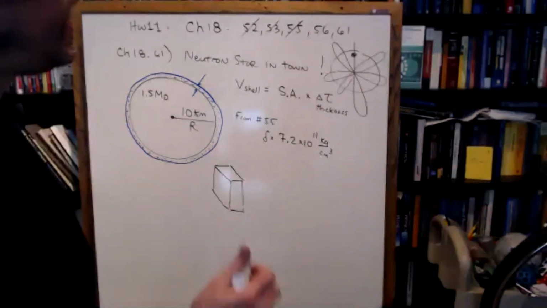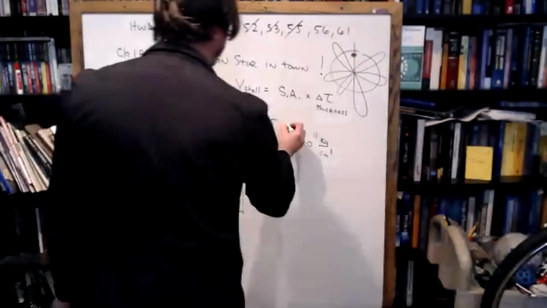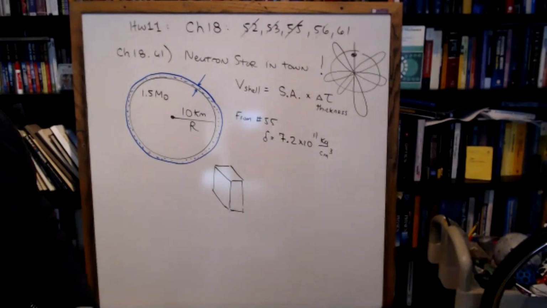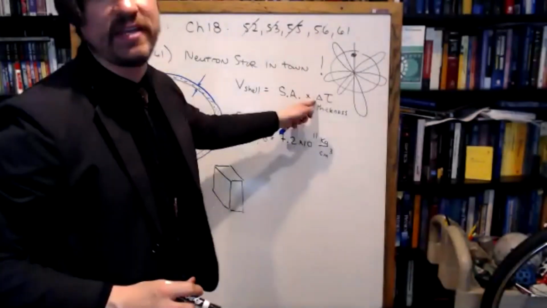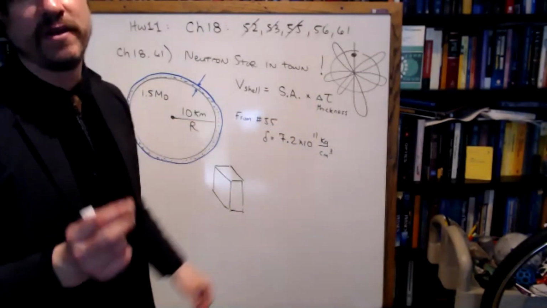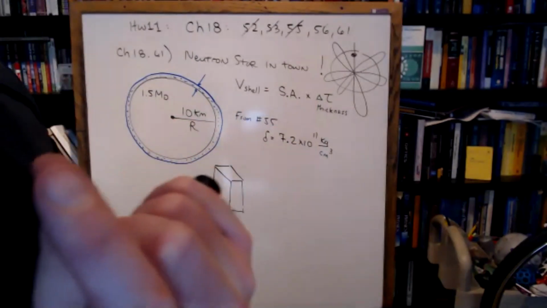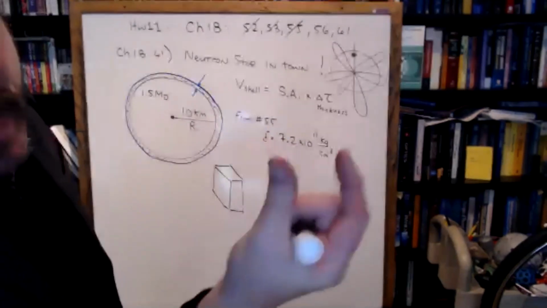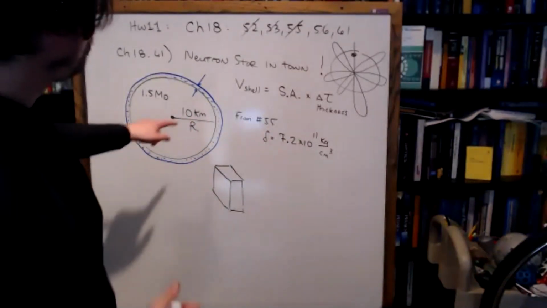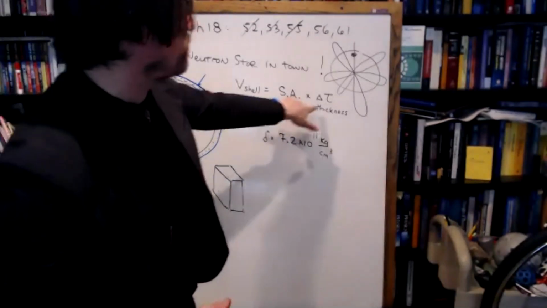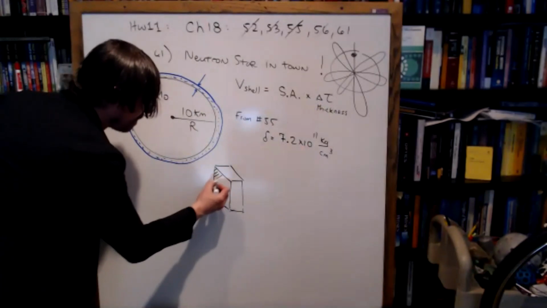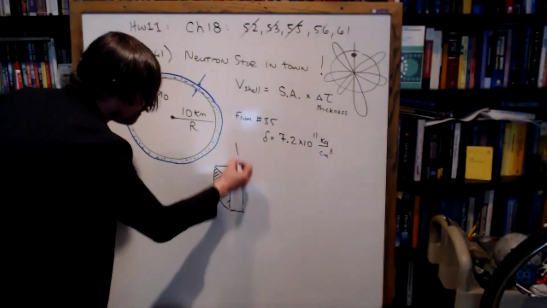For instance, if you were going to double the radius of your neutron star, the volume of that shell would not simply be surface area times delta t, because you'd be growing the radius by a significant fraction. But if the radius only goes up by a few centimeters or millimeters, it's still close enough to 10 kilometers that you can crudely multiply the surface area by the thickness, like taking the surface area of a box and multiplying it by its thickness.